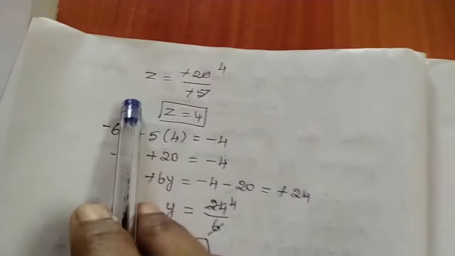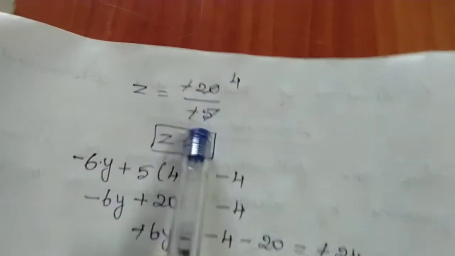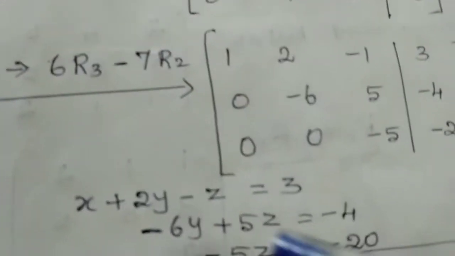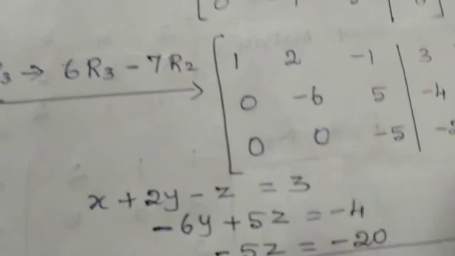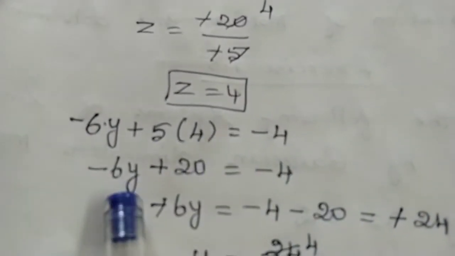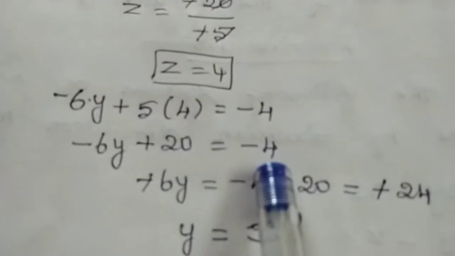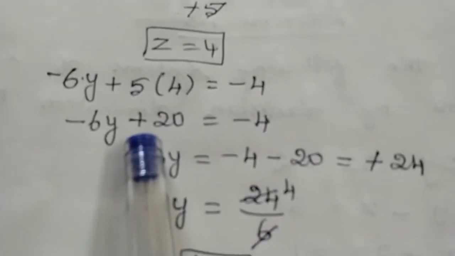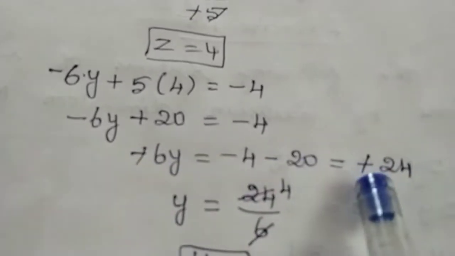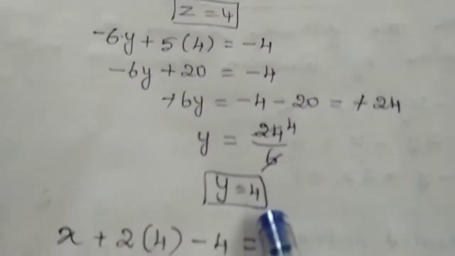Okay, now simplify. z equal to minus 20 by minus 5, cancel, we get z equal to 4. z equal to 4 substitute in this equation. Minus 6y plus 5 into 4 equal to minus 4, minus 6y plus 20 equal to minus 4. Plus 20 go to that side, minus 20. Simplify, minus 24, minus minus cancel, 24 by 6, y equal to 4.